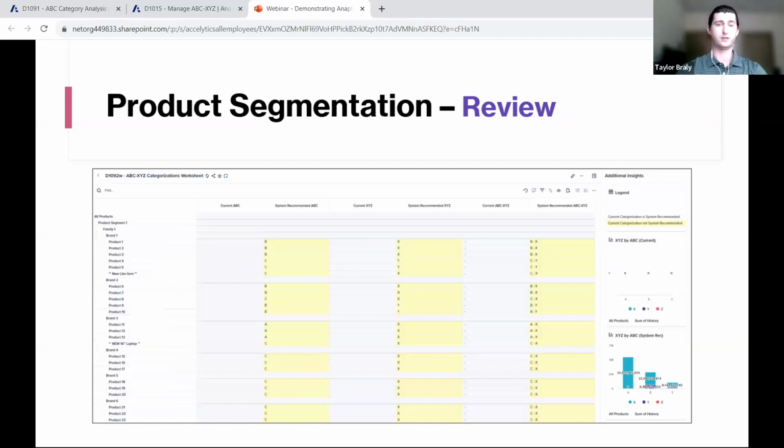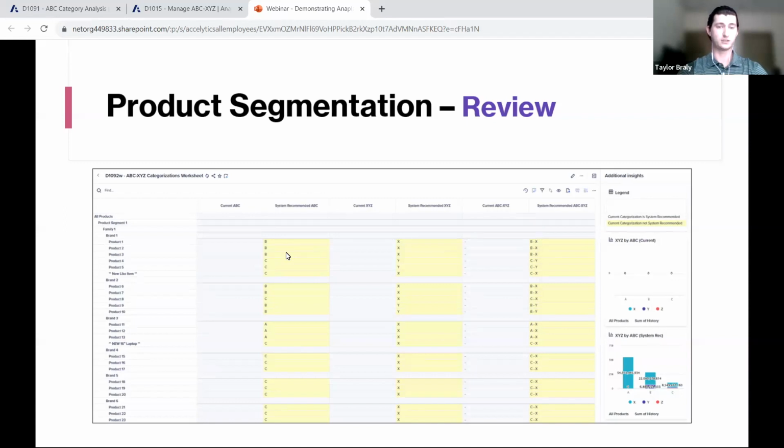From there, after viewing the analysis, you're able to review the system recommendations for each individual product. Here, the system will give the recommendation based on thresholds that are configured on the admin pages.